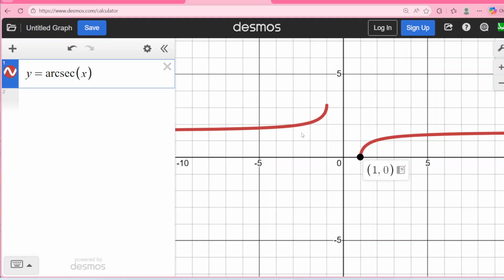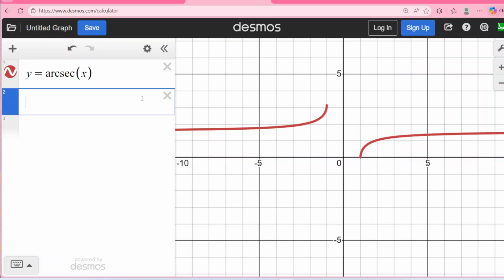You couldn't plug in values between -1 and 1. So the domain was -infinity up to -1, 1 to infinity, and the range, as you saw, 0 up to pi, but not pi over 2, right?